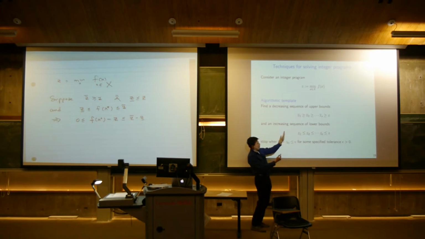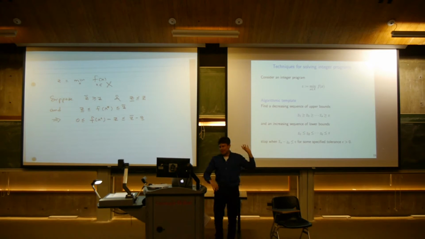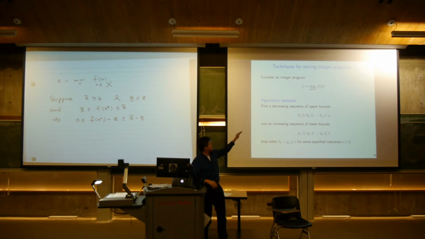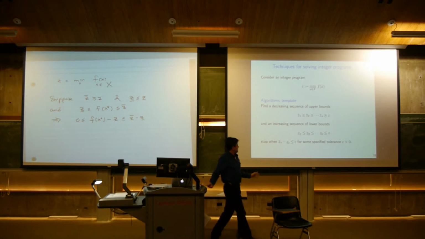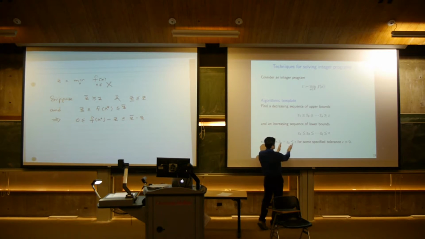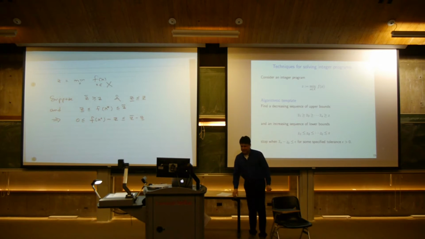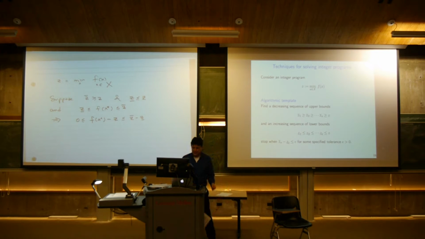And then you stop when you have a certain tolerance. Throughout, typically, the upper bounds are associated to a feasible solution. So once you have this sufficiently small, then you're happy that you have essentially found a solution. So that is the algorithmic template.